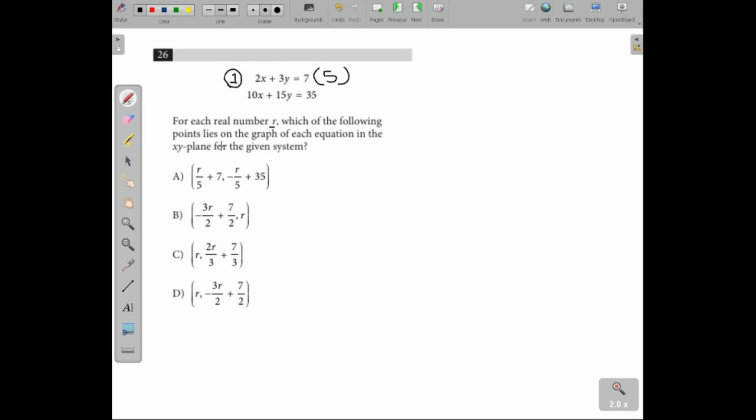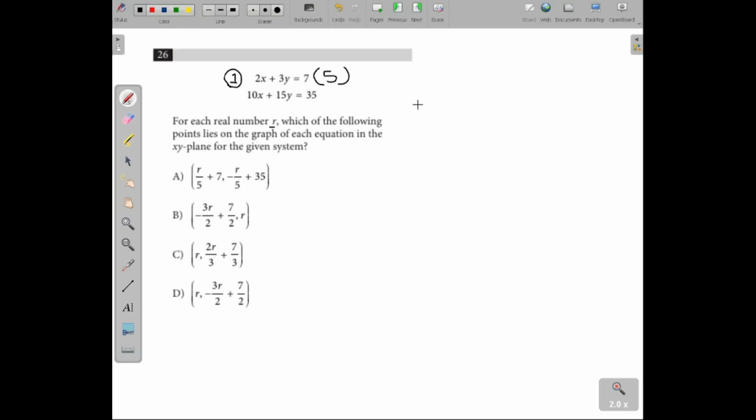Now, since we don't have any more information, we can replace the values of x and y in the points that we have in the answer choices and see if the equation is consistent. Let's start with the first one.